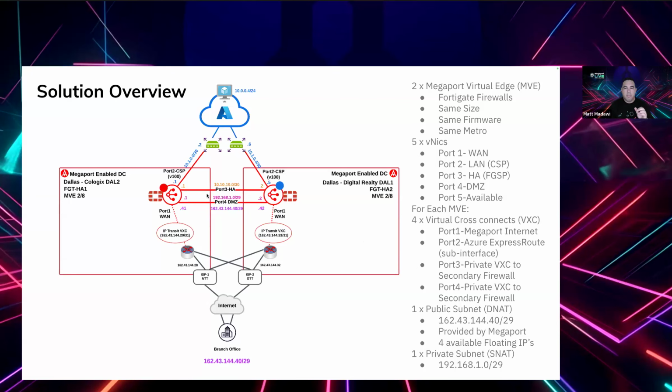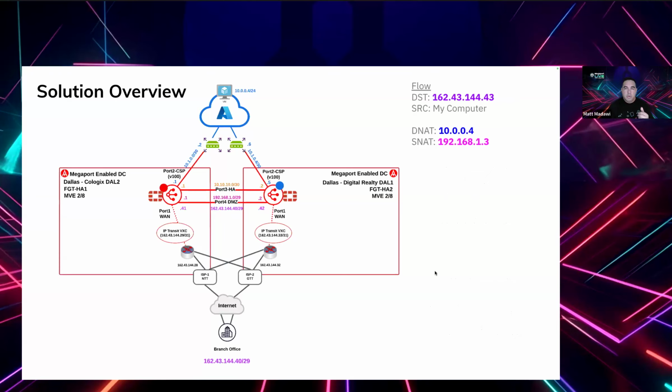Going back, we also have a public subnet, which is a /29 that we're advertising out to the internet. We're trying to plan for situations where you would lose the entire firewall.